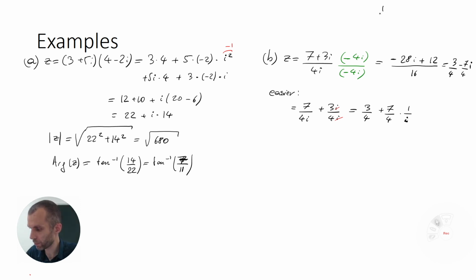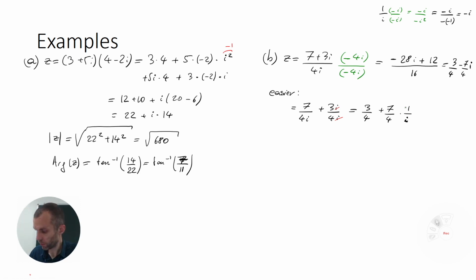And what is 1 over i? Let's do that up top here. So 1 over i is multiplied by the conjugate, minus i over minus i. So it's minus i in the denominator, and minus i squared in the numerator, and we get that this is minus i over minus minus 1, so just minus i.